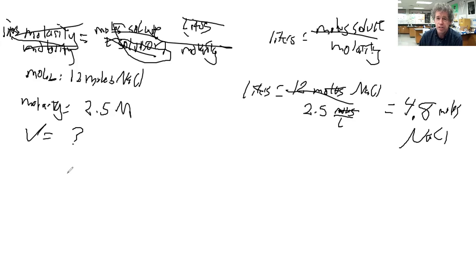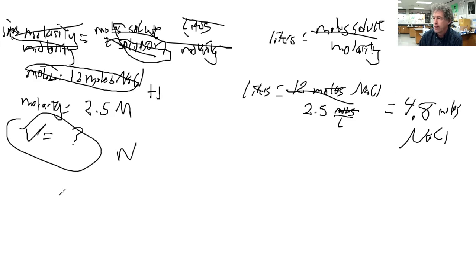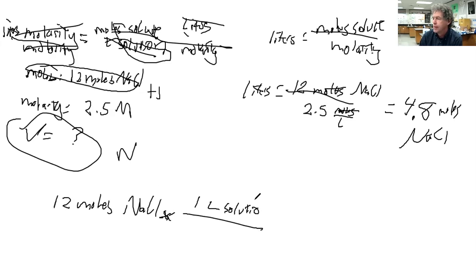You can also solve this using dA. This is your have value here, that's what you have. This is your want. So start with what you have. You have 12 moles in NaCl times 1 liter of solution is 2.5 moles in NaCl.